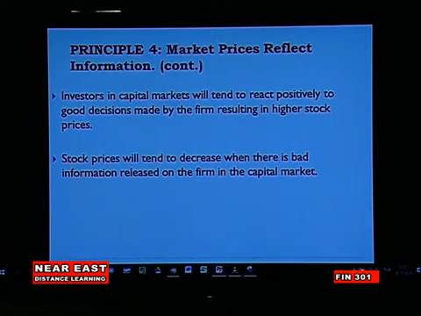If we need to make any decision, we need information from the company about its position, its activities, and its performance. If there is information, I can make my decision. If there is no information, I cannot make my decision. For that, the available information is reflected in the investment decisions of shareholders or new investors in the company.